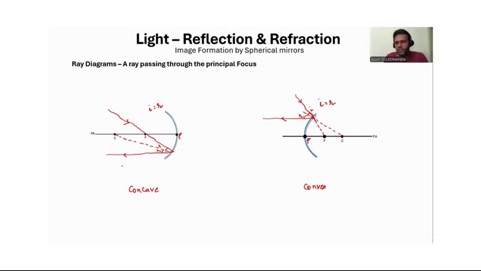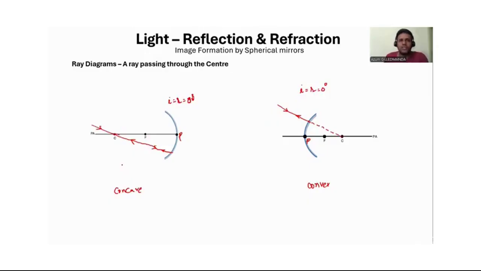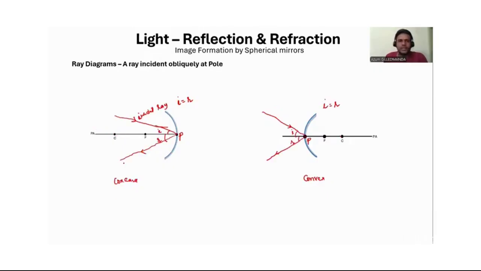That is in both cases. Now, what happens if a ray is passing through the center? It reflects back along the path of incidence, because here I equal to R equal to 0 degrees. Next, a ray incident obliquely at the pole. With the same angle, it will reflect into the same medium in both concave and convex mirrors.